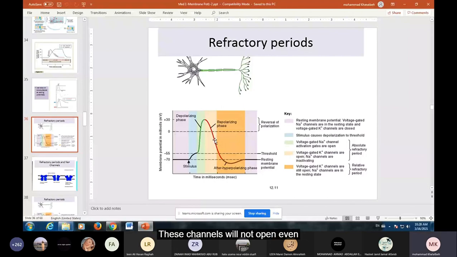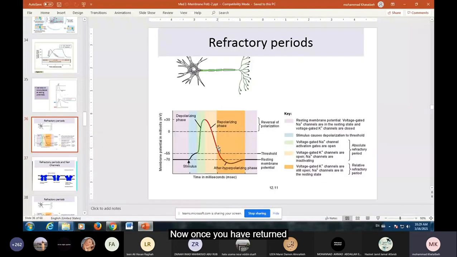These channels will not open, even if the potential is lower than the threshold potential. If you stimulate that membrane again by 10 millivolts, for example, they will not reopen. Because of that, we call that state for sodium channels closed but not capable of opening.